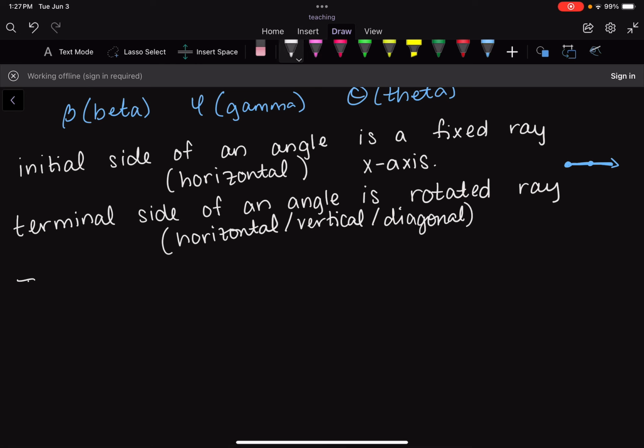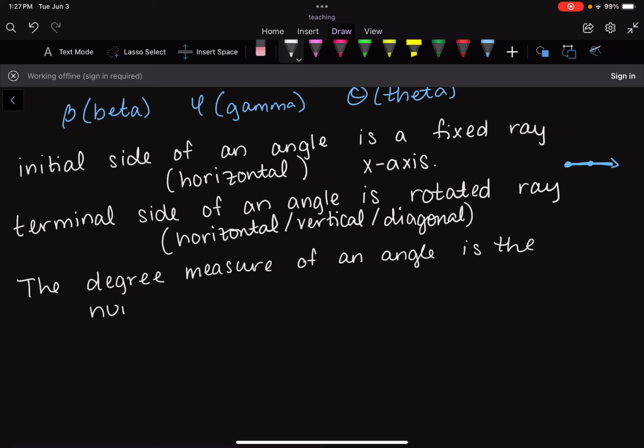Now the degree measure of an angle is the number of degrees the terminal side is rotated.